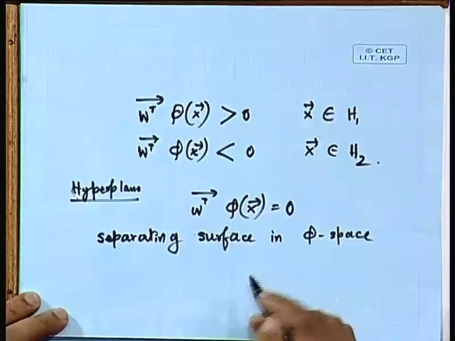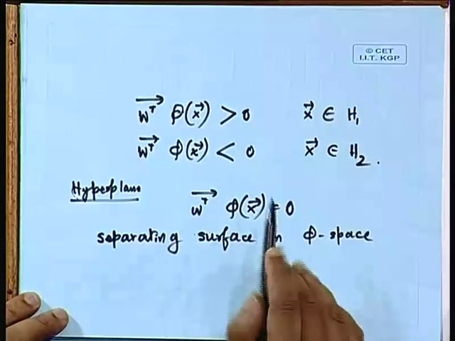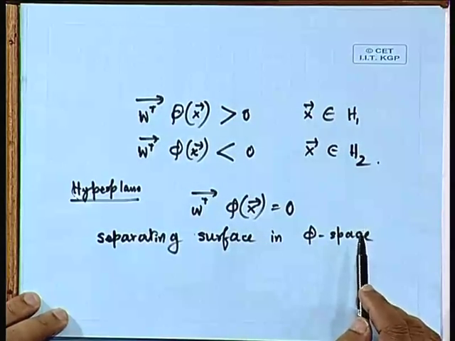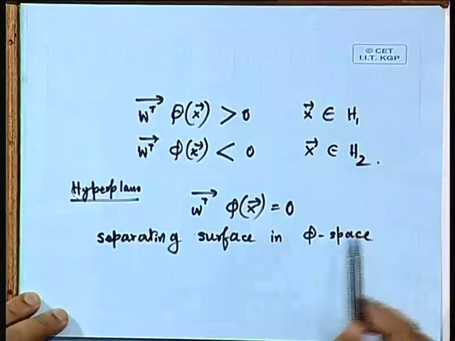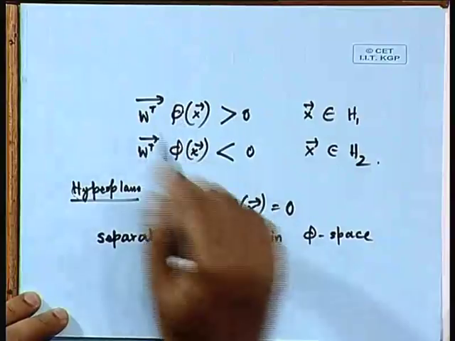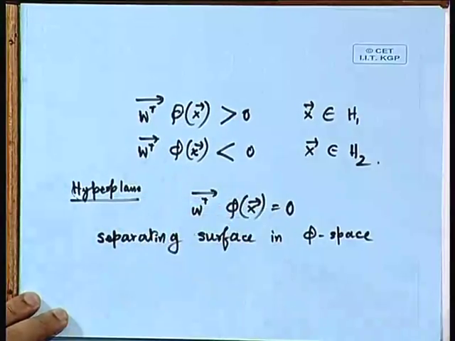So, to have this situation fulfilled, what is the condition? In the phi space the function must be linearly separable, because it is a linear separability condition in the phi space. But phi space is not your input. Your input is a different space. You are mapping from the input to the phi space.